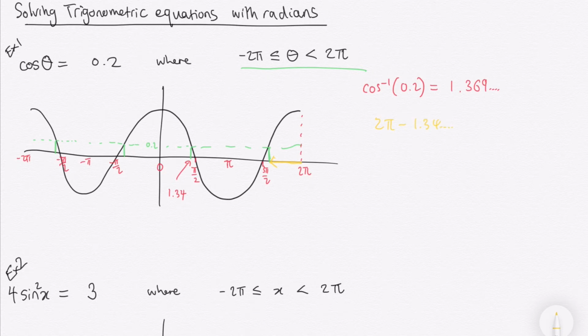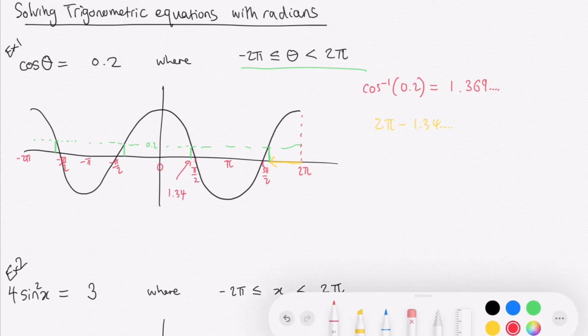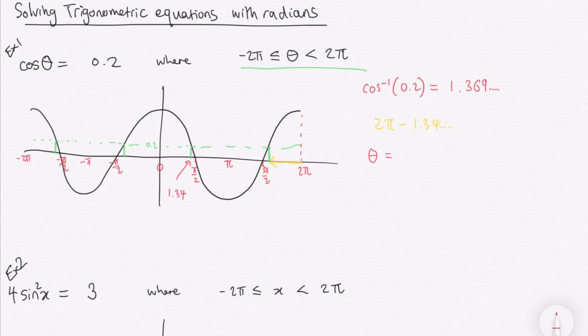And then because of the symmetry of the cosine graph, we can just take the negative of this and also the negative of 1.369. So our values of theta here are going to be plus or minus 1.369 and plus or minus 2 pi subtract 1.369, well, that is 2 times pi subtract 1.369, which gives us plus or minus 4.914 to 3 decimal places.